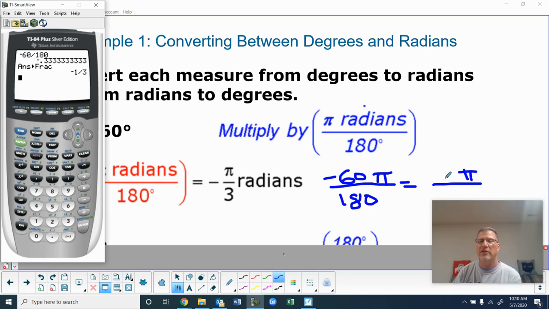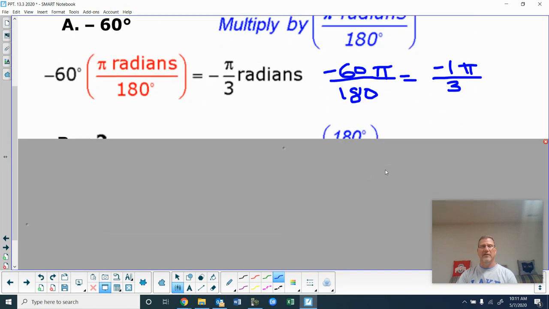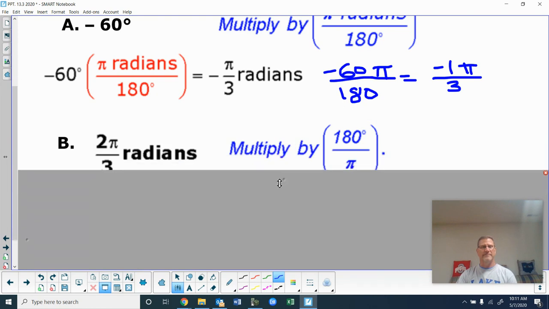So we get negative 1 over 3 pi. And again, we don't have to write the word radians. When you see the degree symbol, you know it's in degrees. If you don't see any symbol, it's in radians. And a lot of times you'll see the symbol pi, 99% of the time.